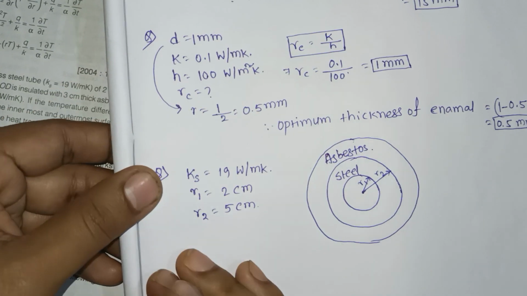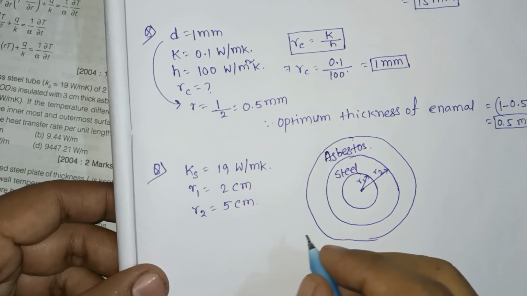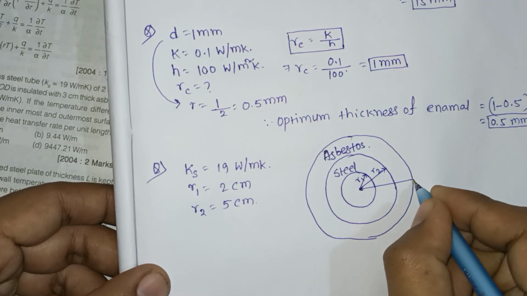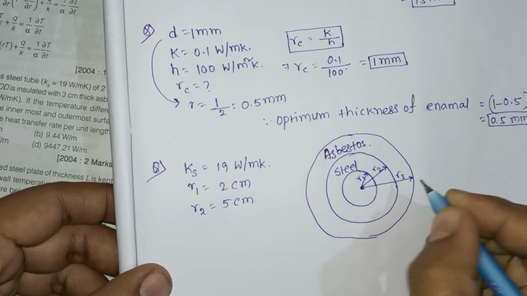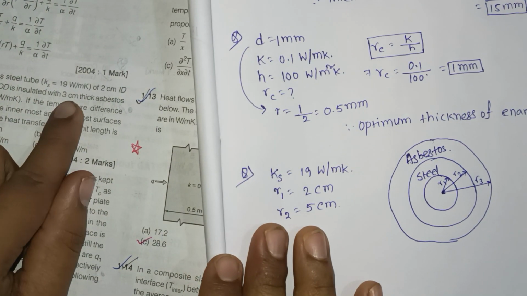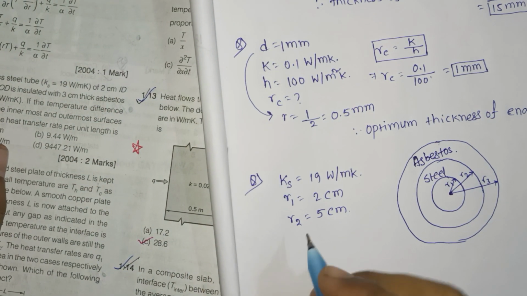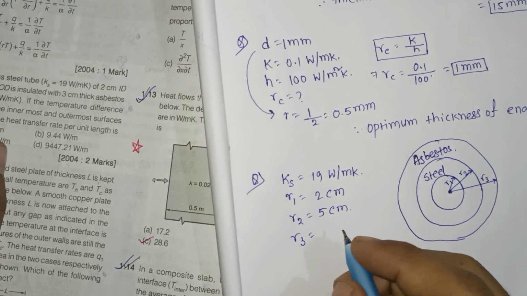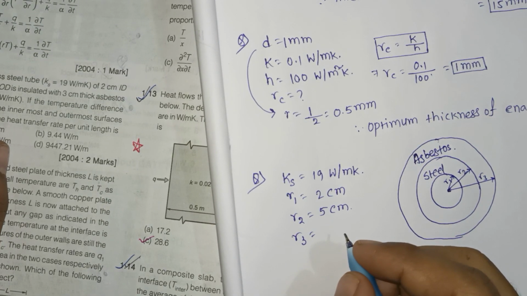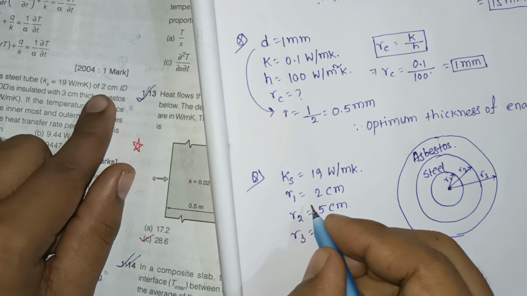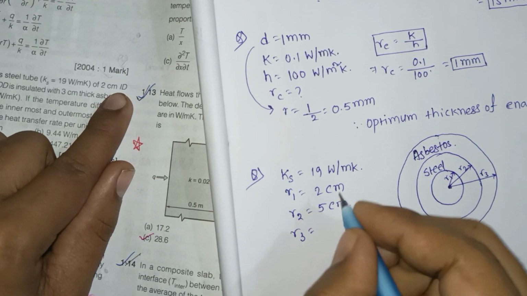Asbestos. Okay, so what is the value of R3? It is insulated with 3 centimeter thick asbestos, so R3 will be... sorry, the inner diameter is given, so what is the radius?